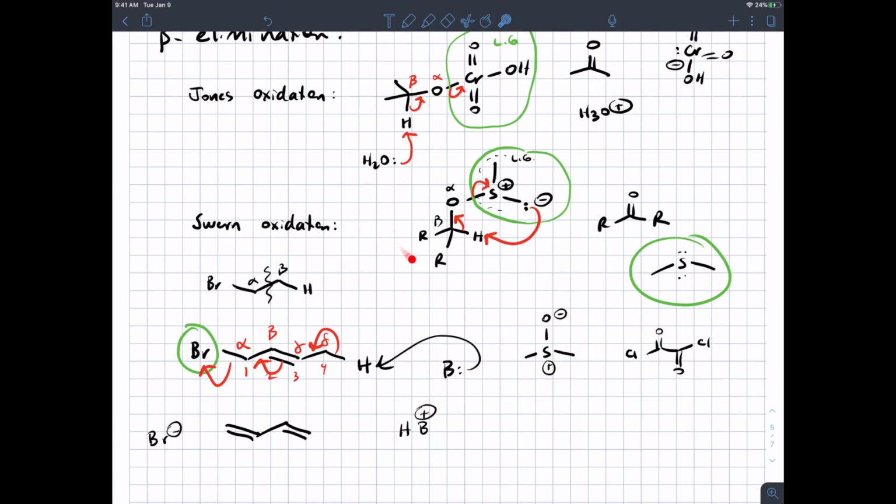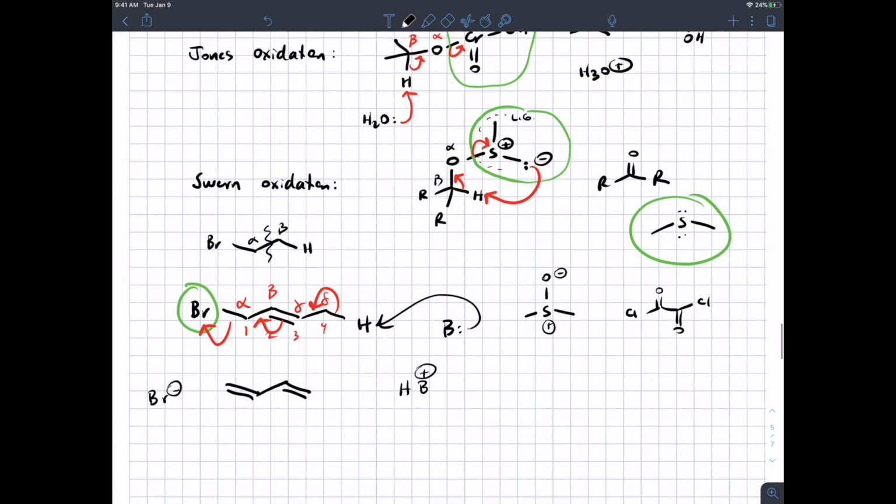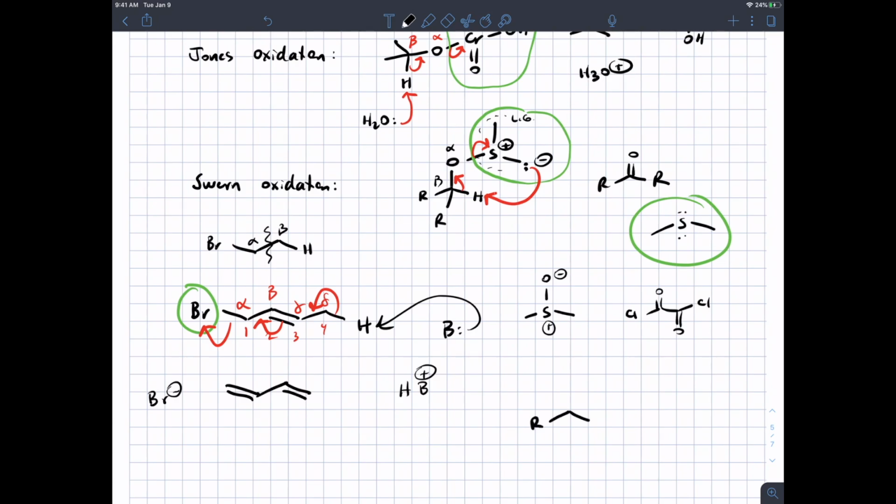And that's how you get here. So that's how you would get to this particular intermediate. Then you need a base to remove that proton, and that gets you here.